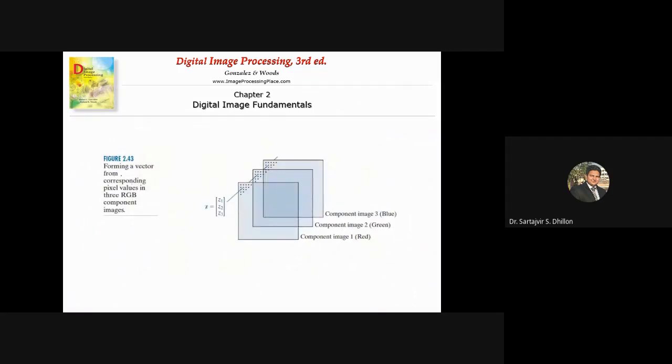And yes, there is vector forming. A vector is concerned with working on color images, and the color images consist of three bands, red, green, and blue, and that forms a matrix.